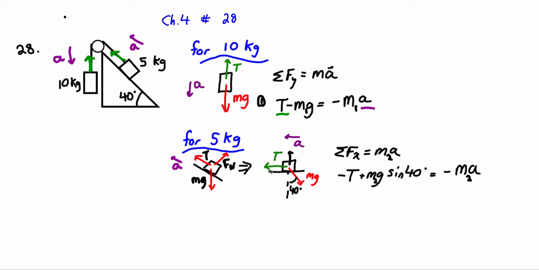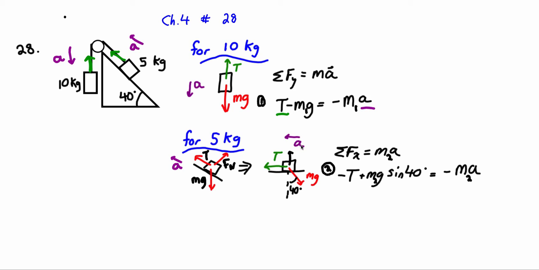So I have tension going to the left, I have acceleration going to the left, and down here I have my weight, but now my weight is going to be at an angle. I shifted this down, so that shifts the weight vector over 40 degrees. So I set this up, and here's my second equation.